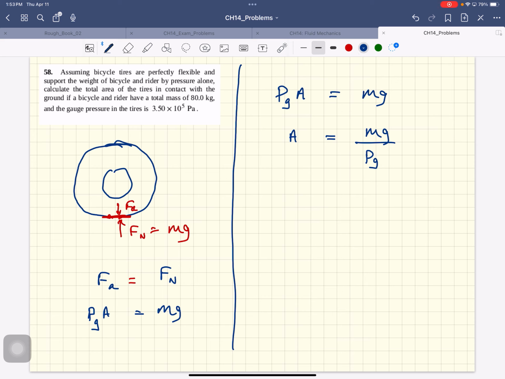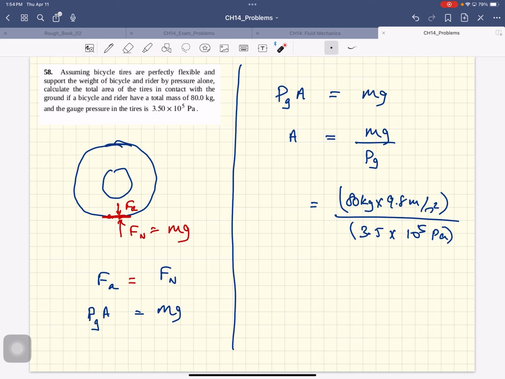All right, so this area is 80 kg times 9.8 meters per second squared, and gauge pressure is 3.5 into 10 to the 5. That's 3.5 atmospheres. In your bicycle tires the pressure is higher than in your car tires. In your car tires the gauge pressure is 2 atmospheres. In your bicycle tires, it's 3.5 atmospheres.